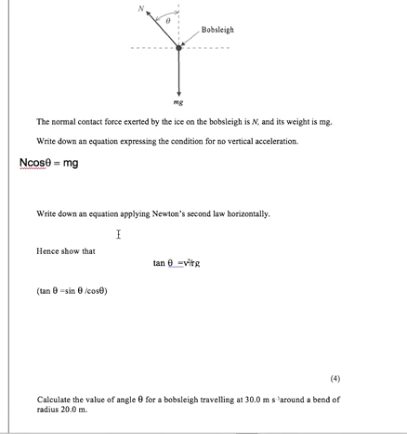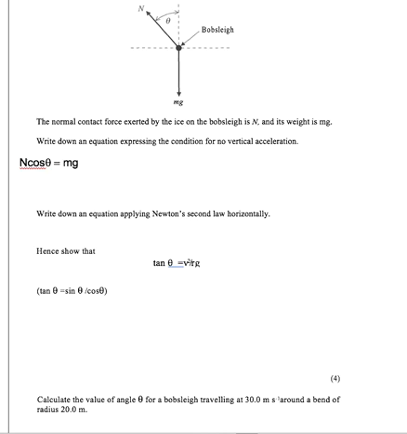Write down an expression applying Newton's second law horizontally. Well, you have n sine theta as the horizontal component, and F equals n sine theta. There is no other force opposing that, so that is our centripetal force.